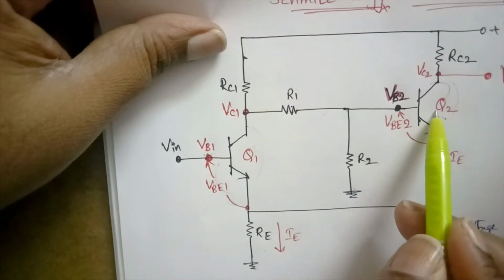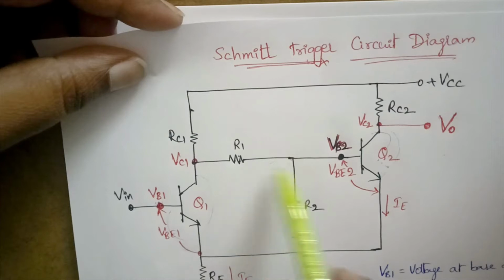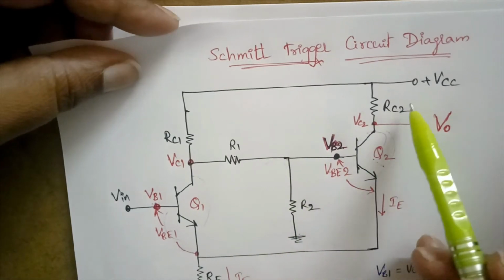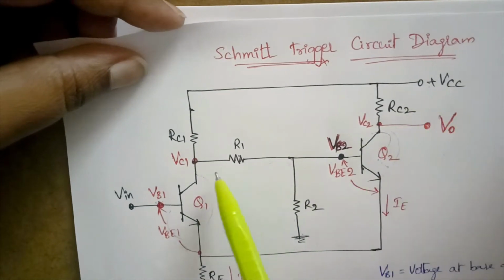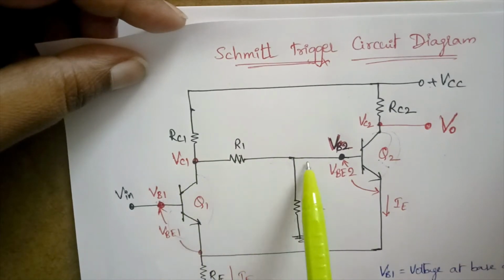Now this voltage we are applying to Q2. In the earlier case, it was the drop across R2 because of plus VCC. But here, instead of plus VCC, we now get VCE sat. Therefore the drop is very small.